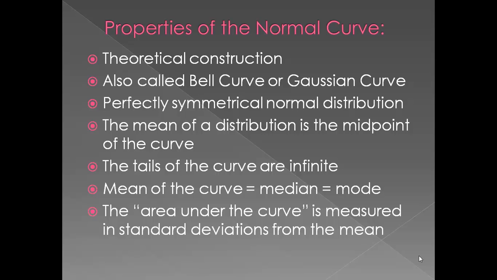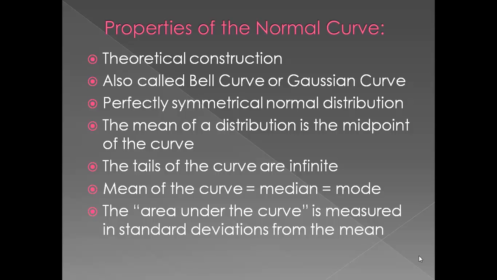Tails of the curve are infinite. So you're going to have a big wide curve at the very top, and then it comes off at the 99th percentile at the very ends. We can't really say where it ends because we don't really know where that population data set is going to end.